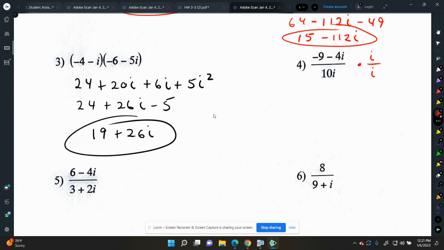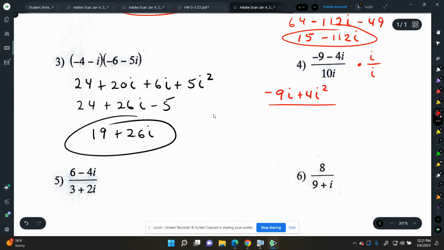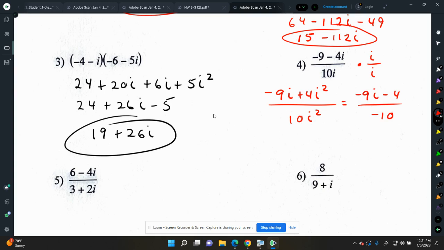The only difference is anything more than 10i, you're going to have to reduce your answer when you get your answer. Okay, so this is going to be negative 9i plus 4i squared over 10i squared. So that's going to be negative 9i minus 4 over negative 10.